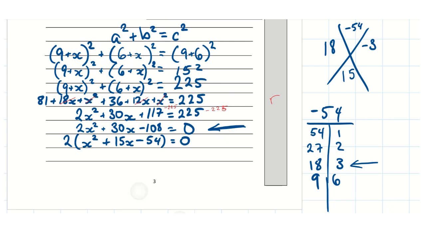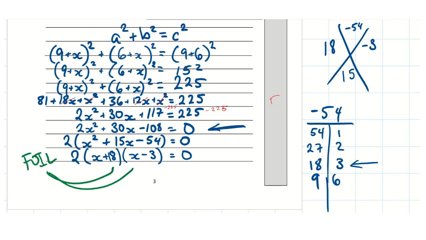So when I factorize this, I'm going to know that it's 2 times (x plus 18)(x minus 3) equals 0. Does that make sense? If I was to do FOIL on the values inside these two brackets, then I would come out with the value inside this bracket. Okay?